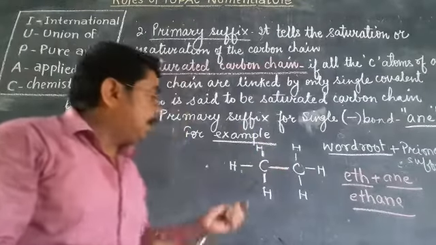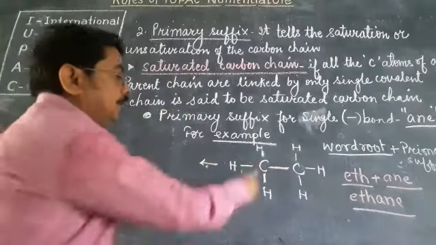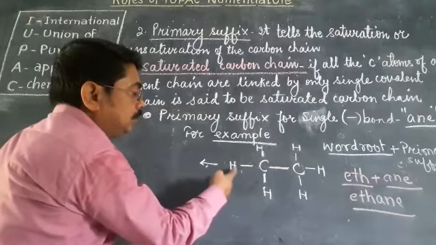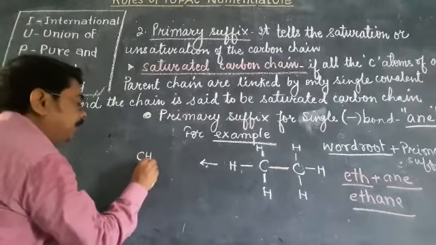Now the same compound can be written in another way also. This carbon has how many hydrogens? 3. So we can write CH3.